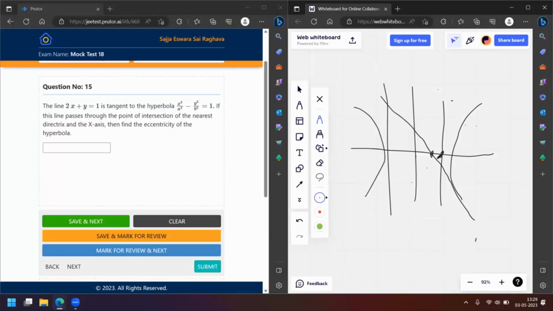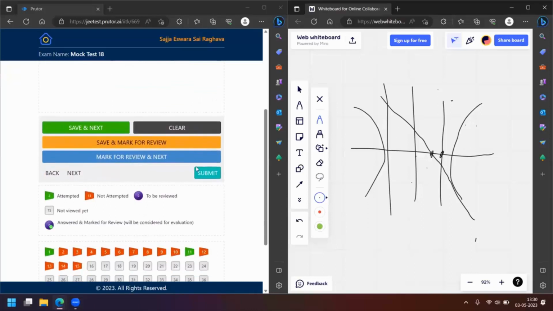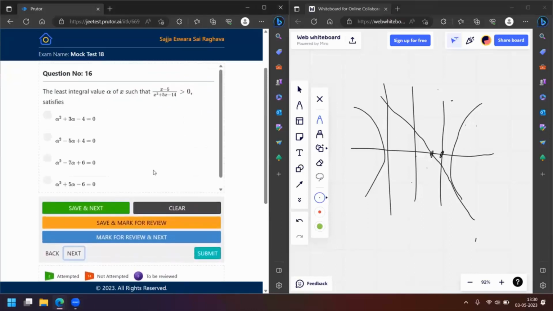Also, since we know the coordinate of the directrix, we will get another relation between a and b. Solving these two, we can find the values of a and b, and therefore find the eccentricity of the hyperbola. So we will go to the next question.